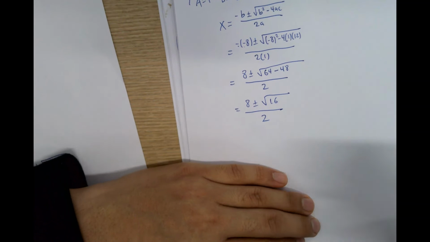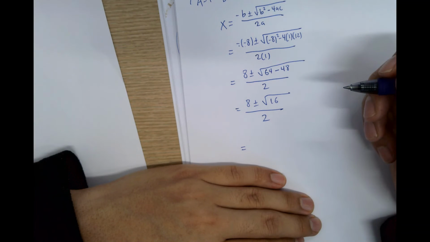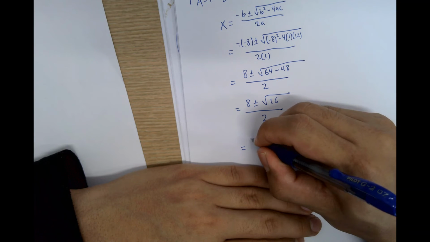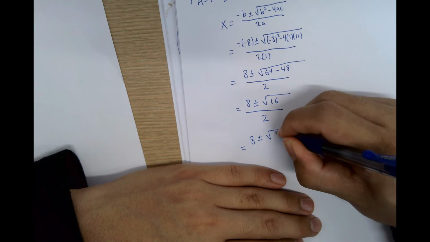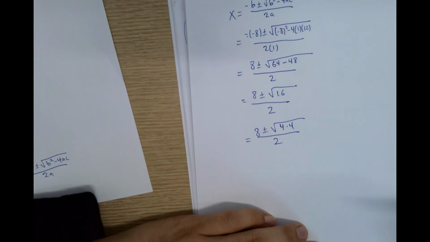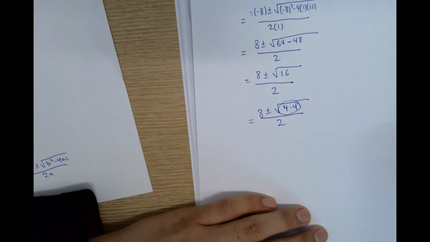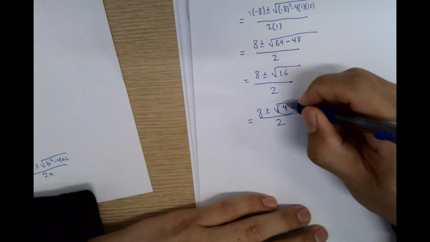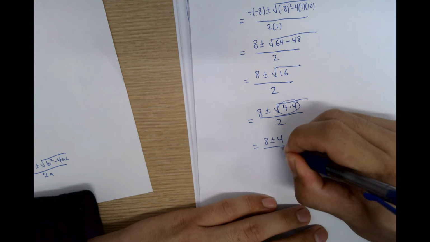I'm just going to show you that the root of 16 is 4 times 4. This is an extra step you don't need. Basically, if you have two numbers being multiplied by itself inside the square root, you can take one of them out. So it'd equal 8 plus or minus 4, divided by 2.